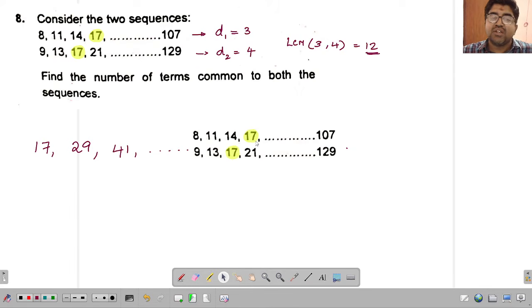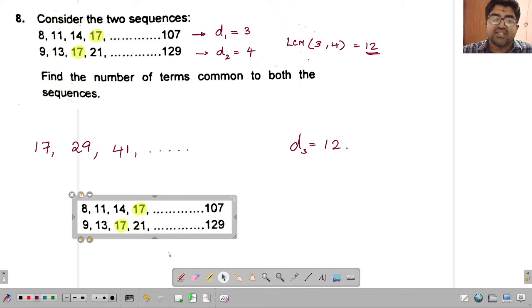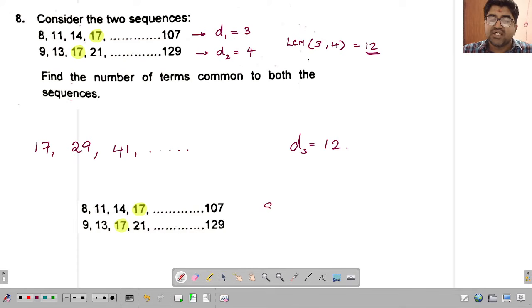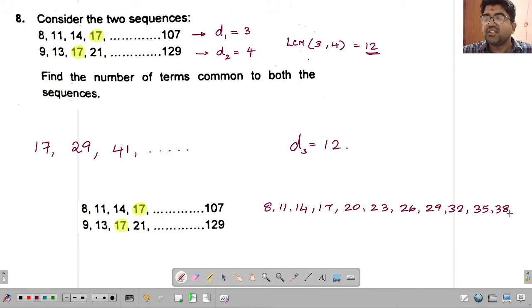Please observe, this is 8, 11, 14, 17, right? So I shall just list them here: 8, 9, 10, 11, 12, and so on, up to 41, like that it keeps going.